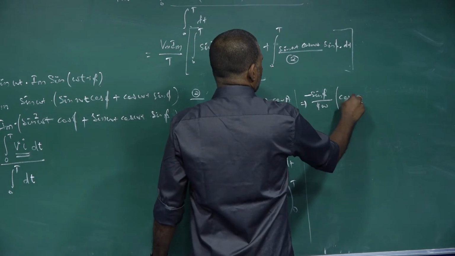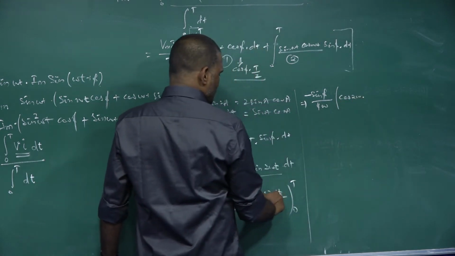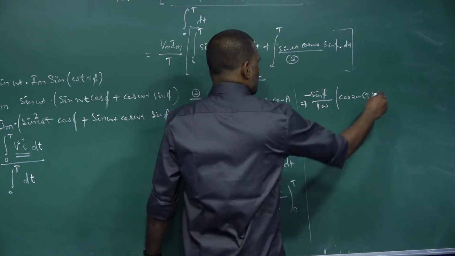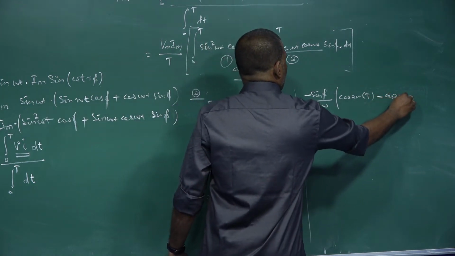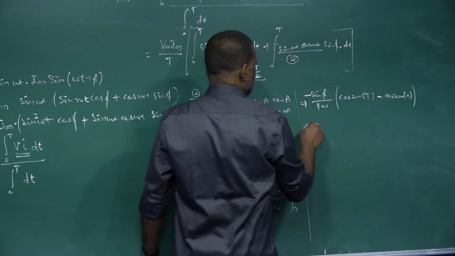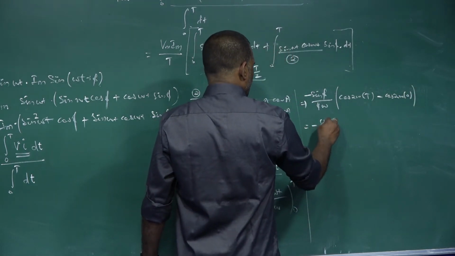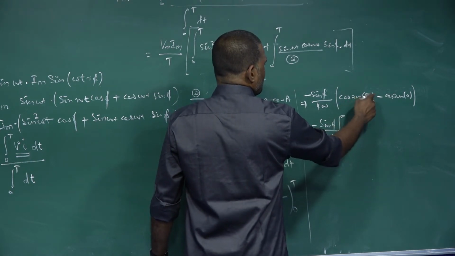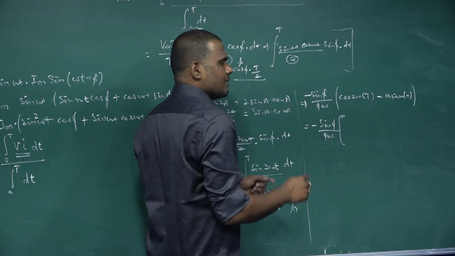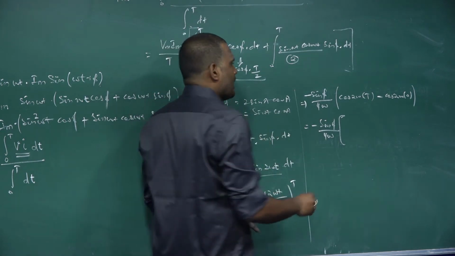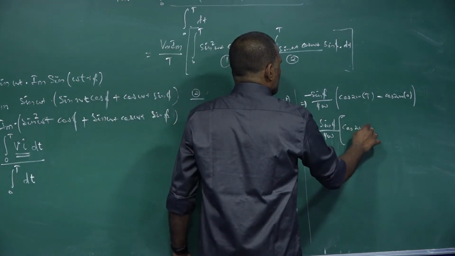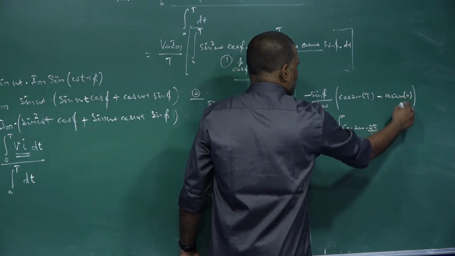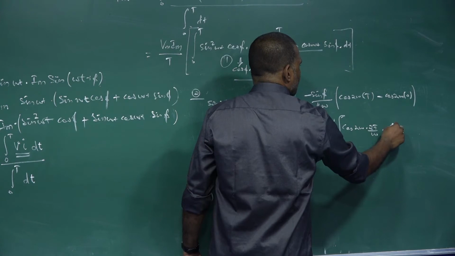Then cos 2 omega, instead of small t, I am substituting the upper limit capital T, minus cos 2 omega into 0. So minus sign is there, sin phi is there, 4 omega is there, cos 2 omega into T. As I mentioned earlier, capital T equals 2 pi by omega. So cos 2 omega into 2 pi divided by omega, minus this entire argument of cos is 0.